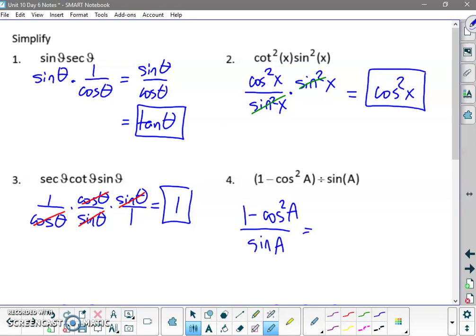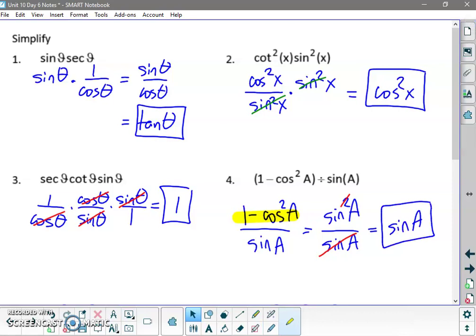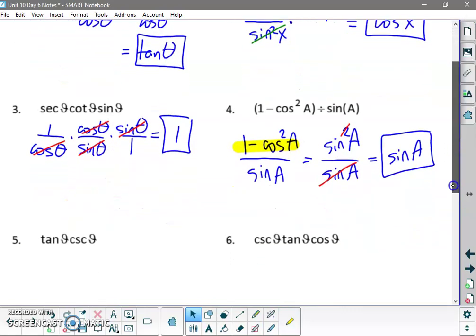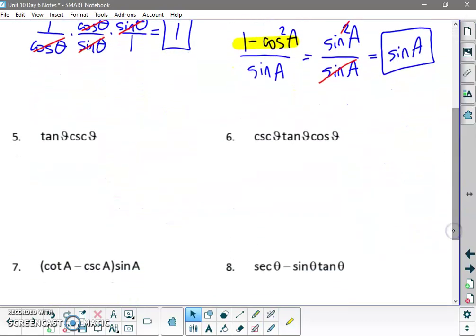So 1 minus cosine squared we can replace with sine squared. And then this sine in the denominator will cancel with one of those in the numerator, and I am just left with sine of a. Again, the goal is to simplify these expressions. If possible, write them as a single trig function.